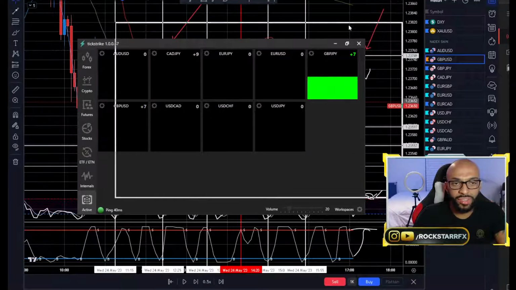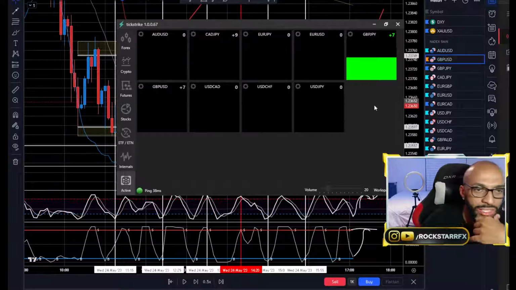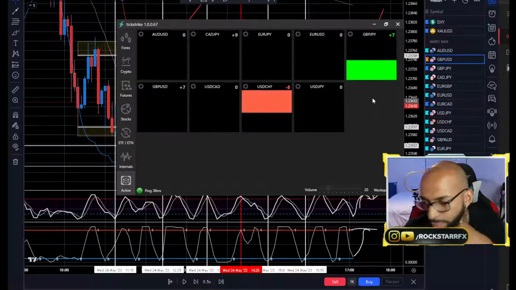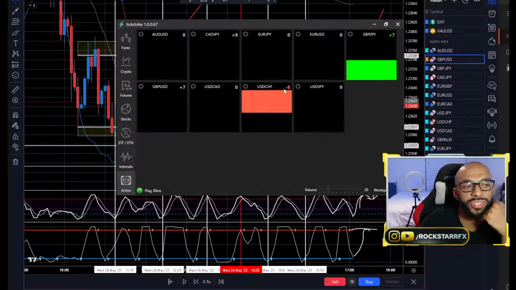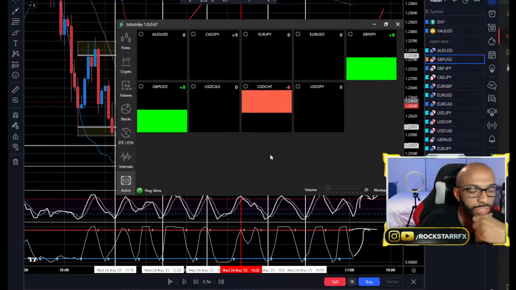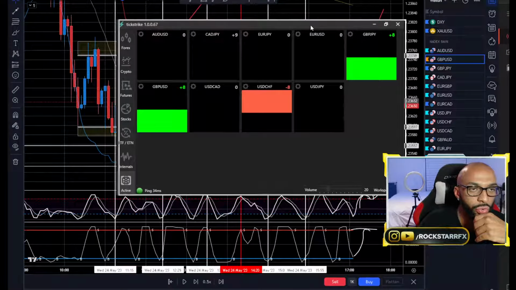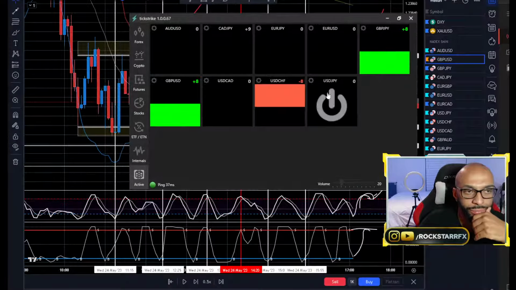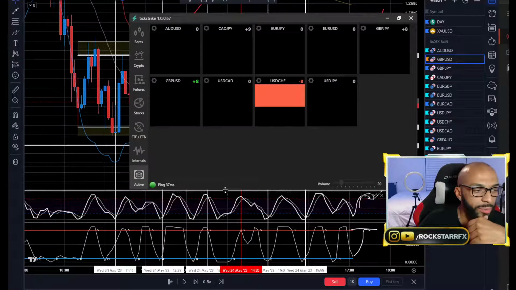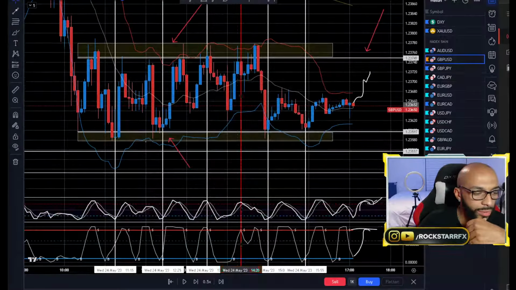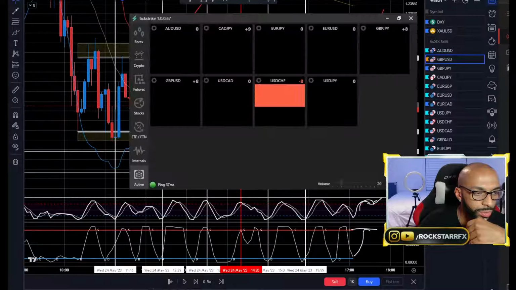If you guys have ever seen this on my screen before, it's an order flow tool. To answer your question for the person that asked that. So it pretty much puts audio to order flow, and it shows you where buys and sells are taking place in the market right now, real time. All right, so it's a pretty cool tool. It makes noises and stuff like that.